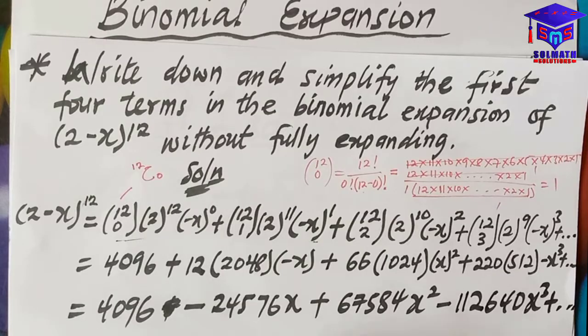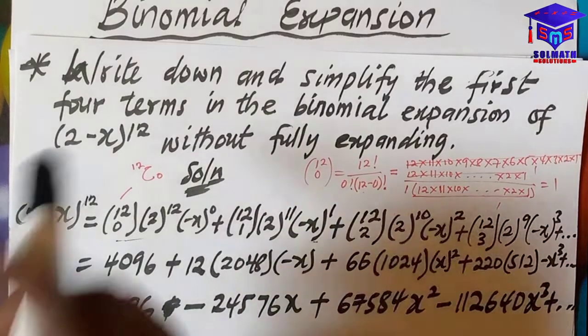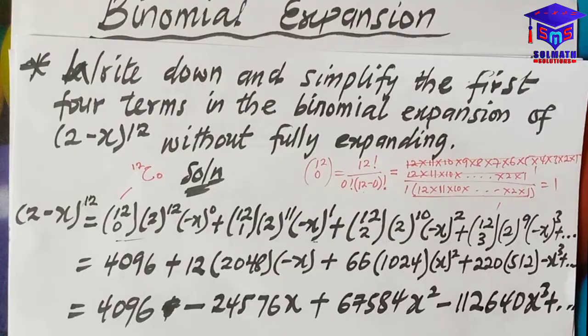So these are the first 4 terms of the binomial expansion.